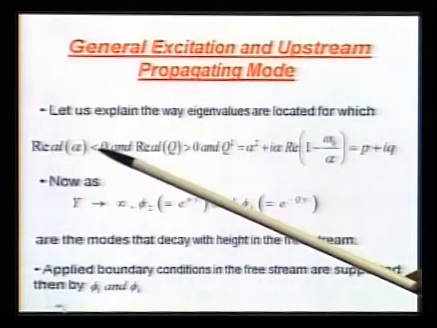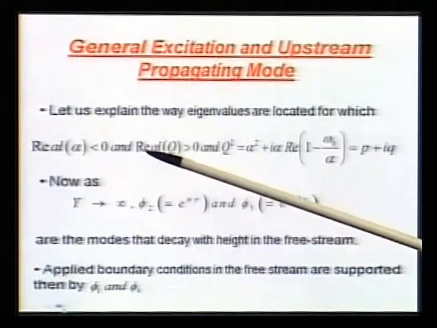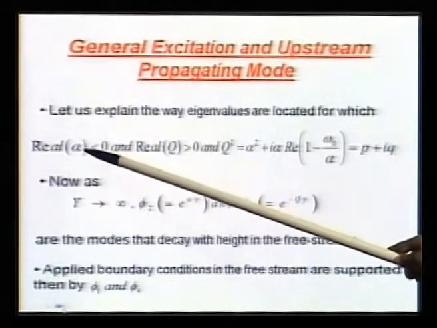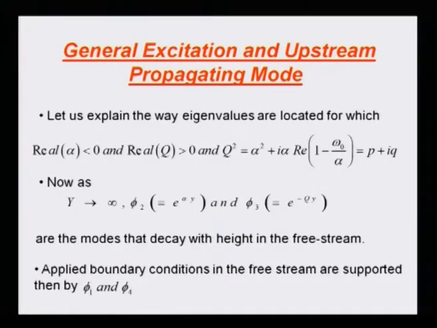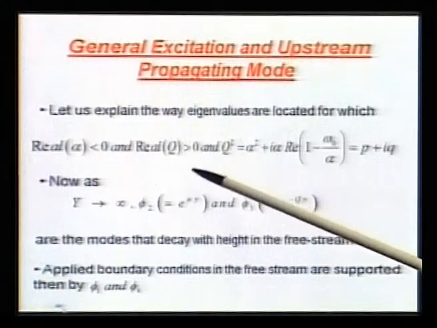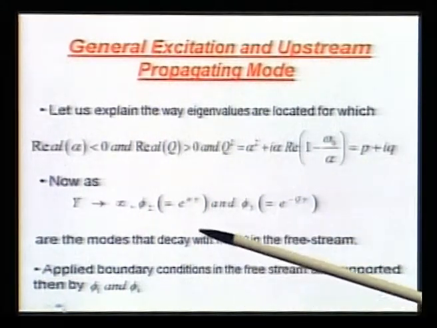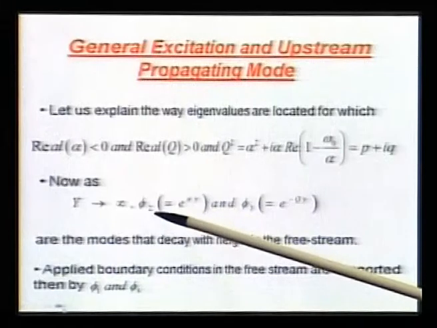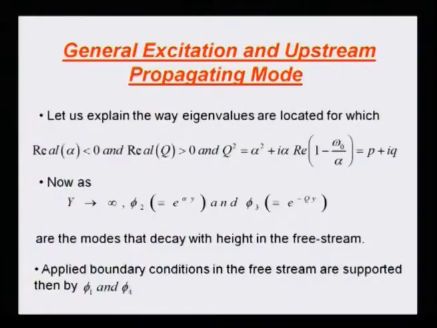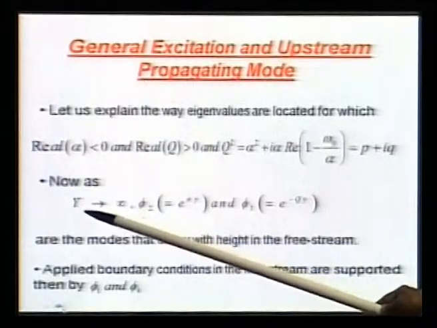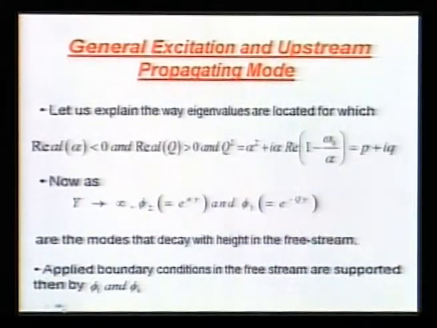So, we are looking for eigenvalues given by real alpha less than 0, and real q is always obtained in a mathematical sense. So, that will always be positive, and then we could immediately see that these 2 modes phi 2 and phi 3 outside the shear layer, that is when capital Y goes to infinity, are the ones which actually decay with Y, right.